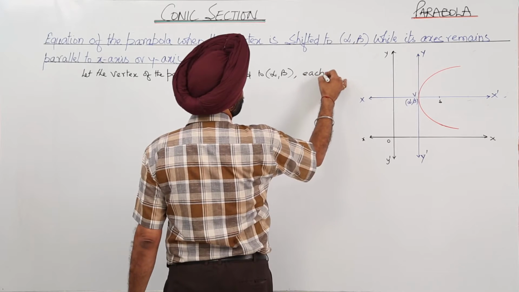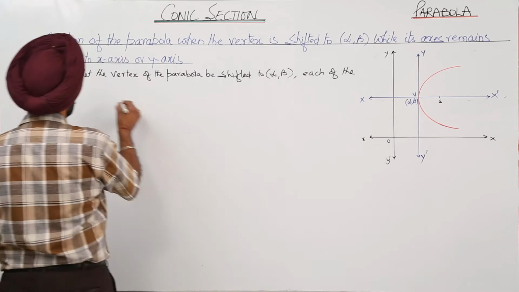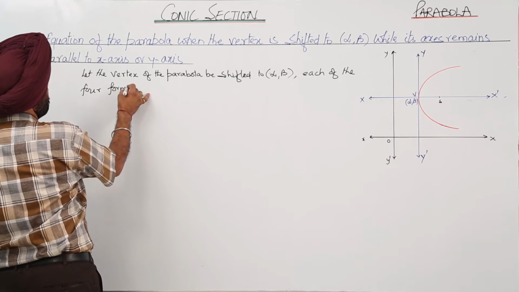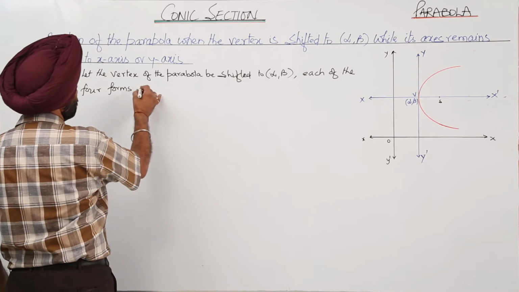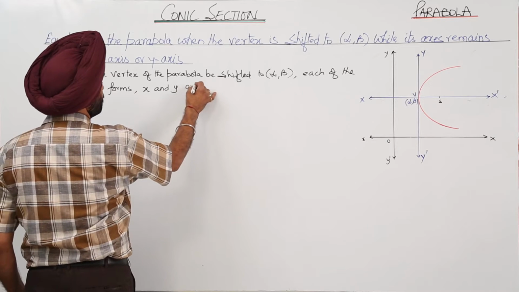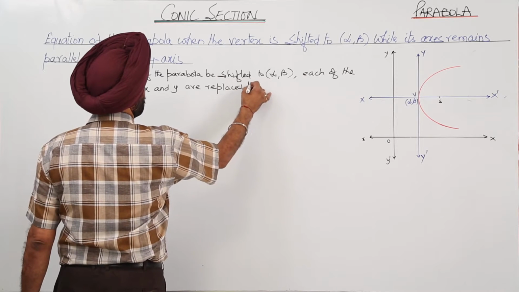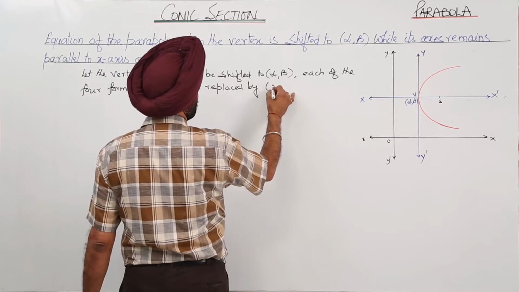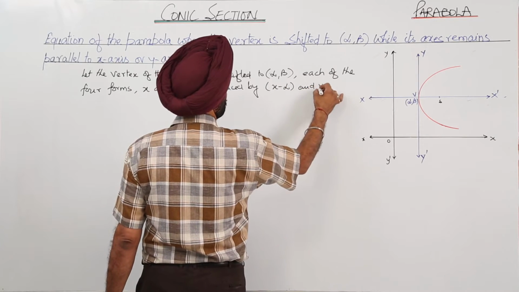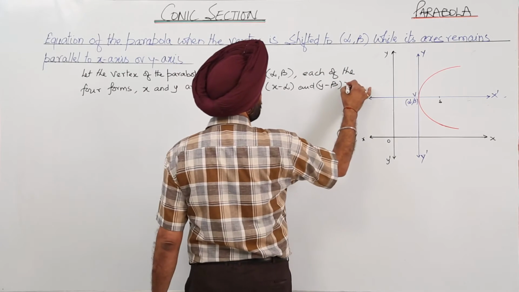Now in each of the four forms, x and y are replaced by x minus alpha and y minus beta respectively.